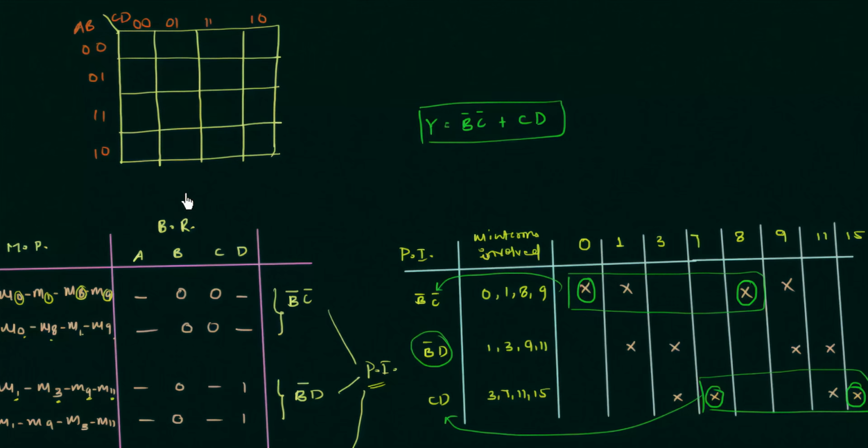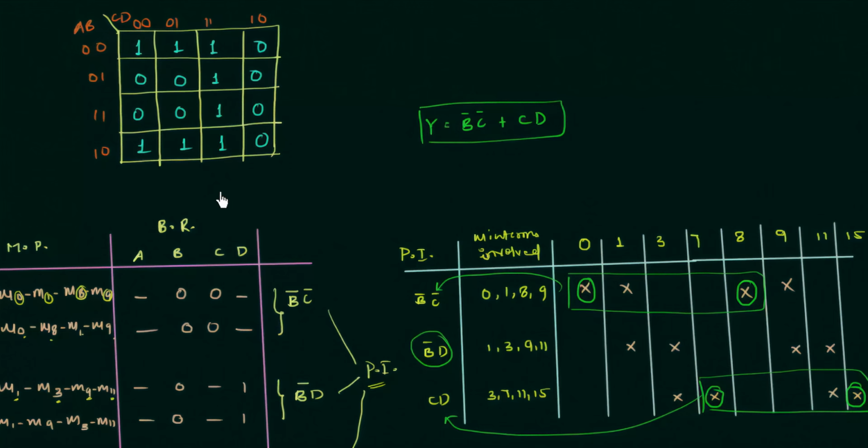We are going to fill this Kmap quickly. 1, 1, 0, 1, 0, 0, 0, 1. We have 8 and 9, so 8, 9, 10 is 0, 11 is there, 12 is 0, 13 is 0, 14 is 0, and 15 is 1.